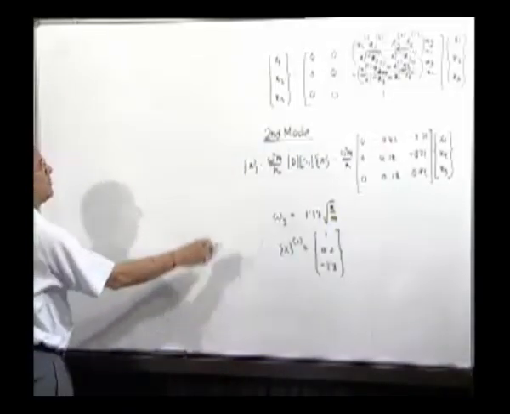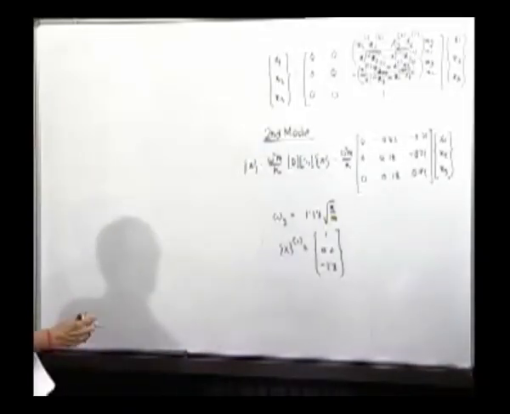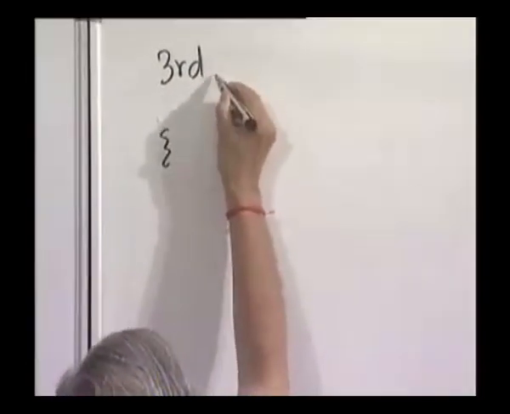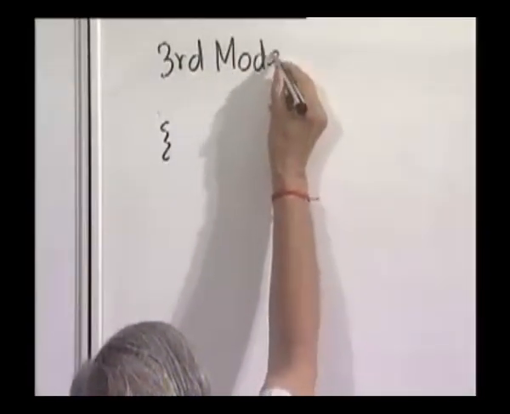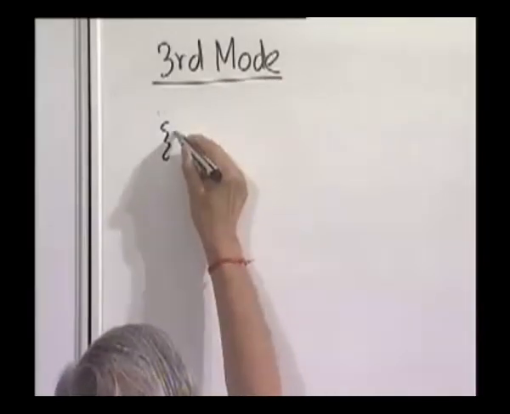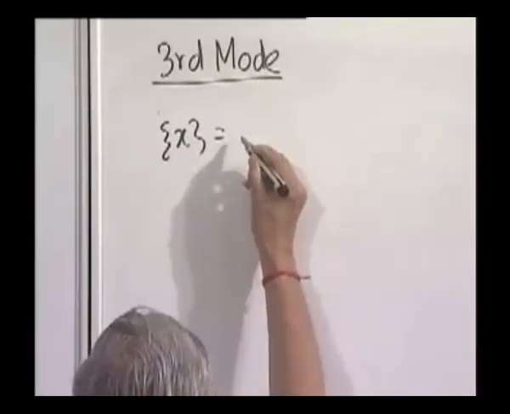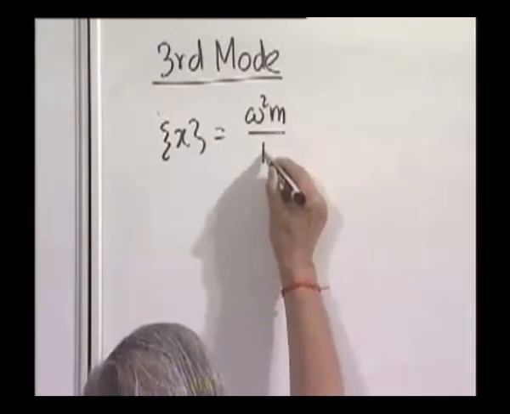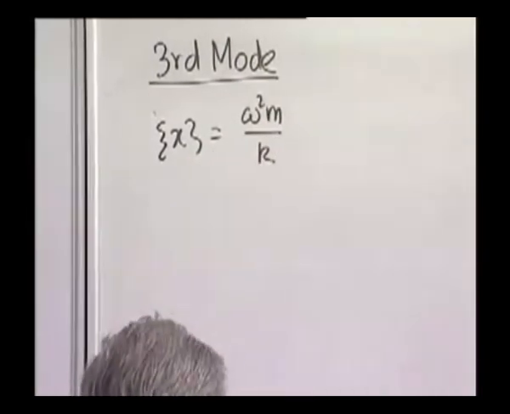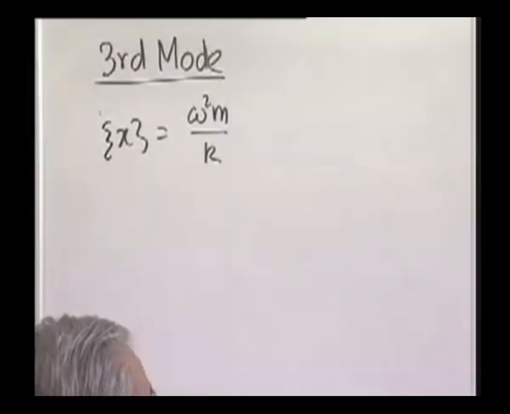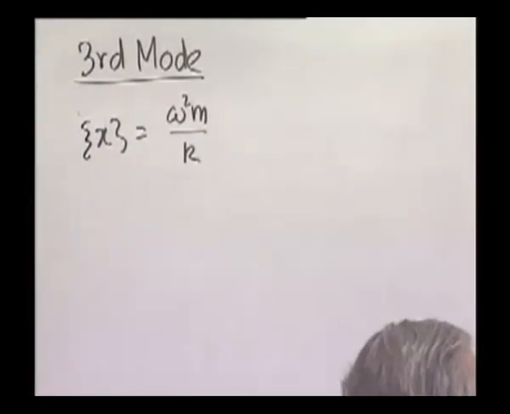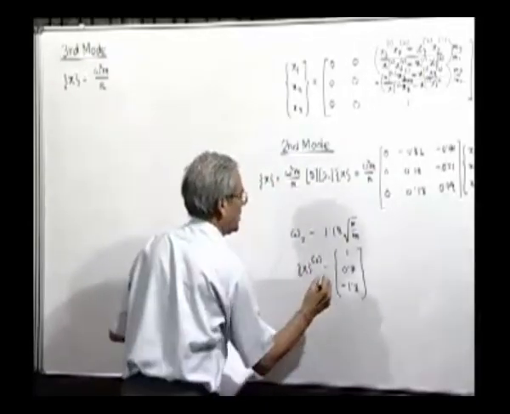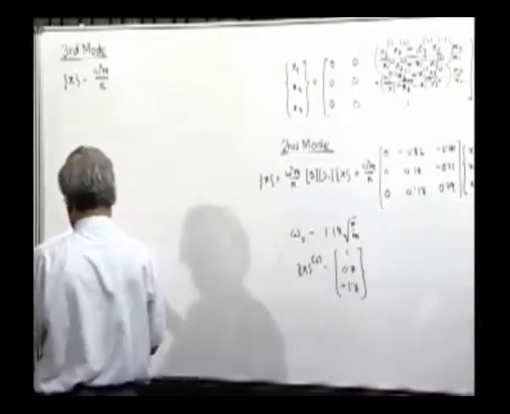That is the sweeping matrix to sweep out both the first and second modes, and this matrix becomes the sweeping matrix for the third mode equation. Directly you can write.